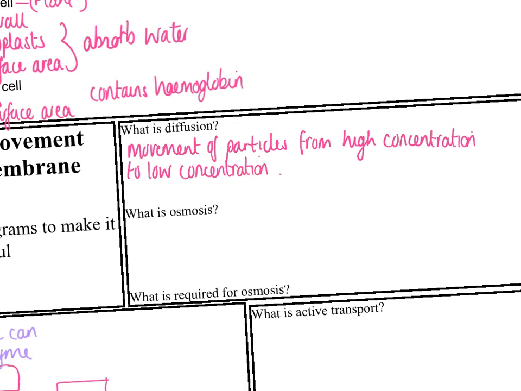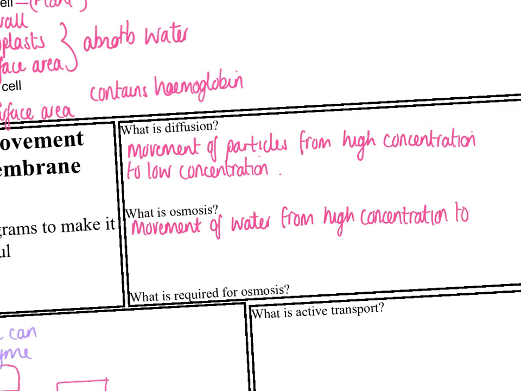Okay, and then osmosis is the movement of water from high concentration to low concentration through a semi-permeable membrane.